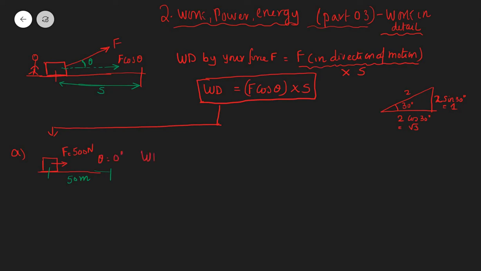So your work done is F cos 0 into S. So that's 500 into 1 into 50. That's 2500 joules.